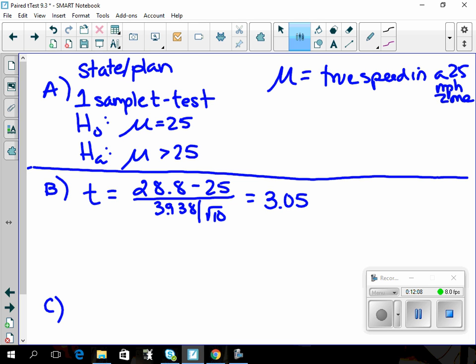And then your p-value, I want it drawn. Now, you could have done this with your test statistic. You could have also put 25 in the middle and 28.8 and shaded to the right. So either you have it standardized or you don't. Are we okay with the difference between those two pictures? Both are acceptable, okay? And then you need to do our p-value, which is, again, depending on whether you did the standardized or the not standardized. Either one is okay.